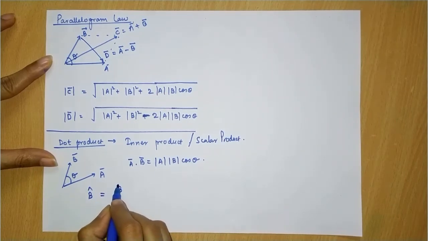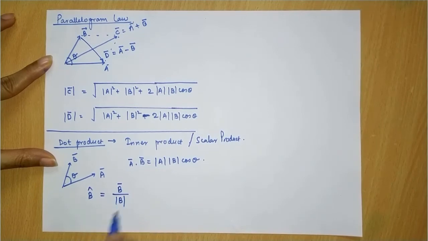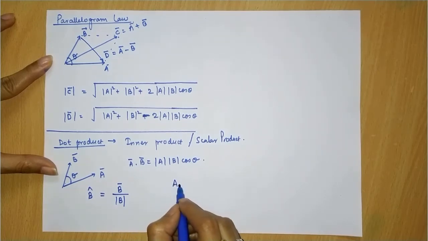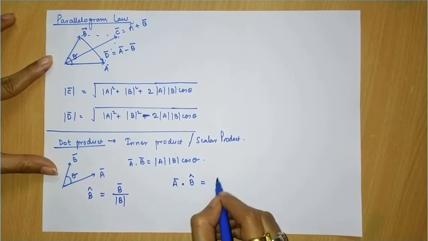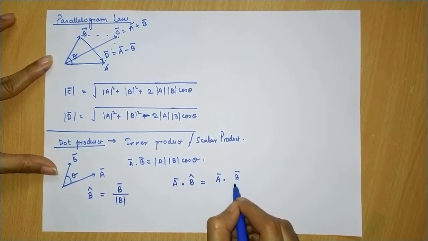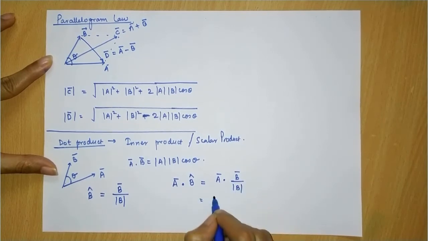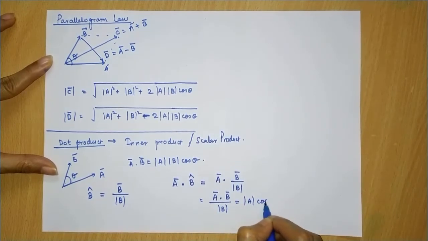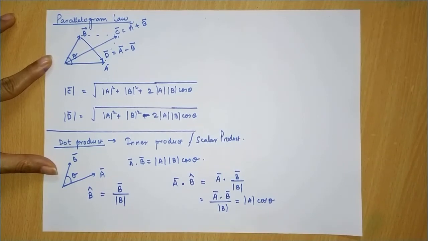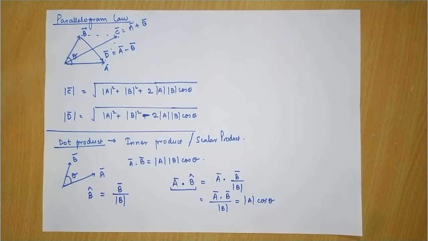Therefore B cap is equal to B vector divided by mod B. So component of vector A in the direction of B can be written as A vector dot B cap, which is written as A vector dot B vector divided by mod B. Hence A vector dot B vector upon mod B, that is mod A cos theta, represents the component of vector A in the direction of vector B.